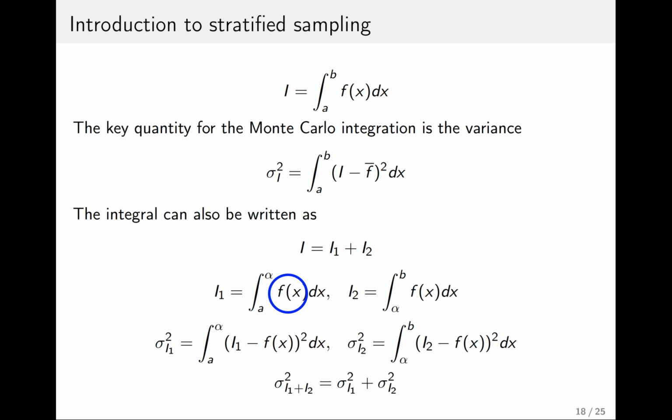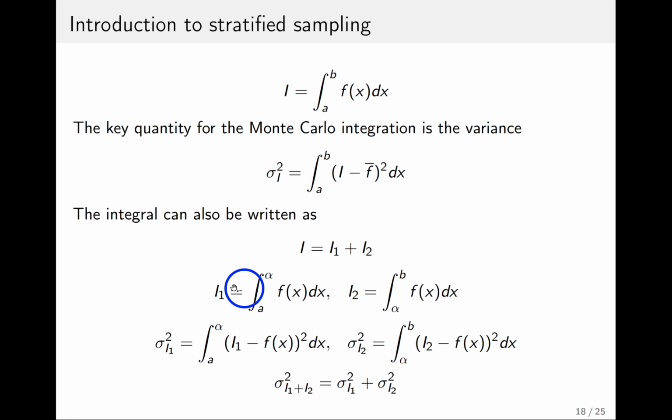Okay, so the last thing was something called importance sampling, where we try and use a clever probability distribution to generate the random numbers. Stratified sampling is actually just a basic idea. We're trying to compute an integral between a and b. We can break the integral up into 2, integrating from a to alpha and then alpha to b.